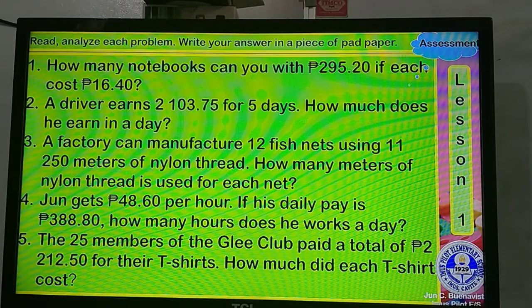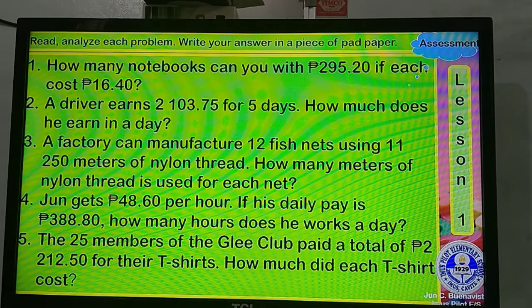Number 3. A factory can manufacture 12 fish nets using 11,250 meters of nylon thread. How many meters of nylon thread is used for each net? Number 4. June gets 48 pesos and 60 centavos per hour.